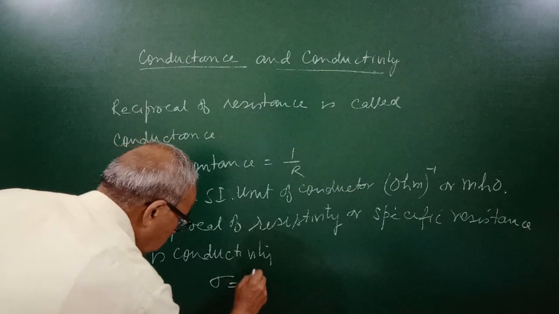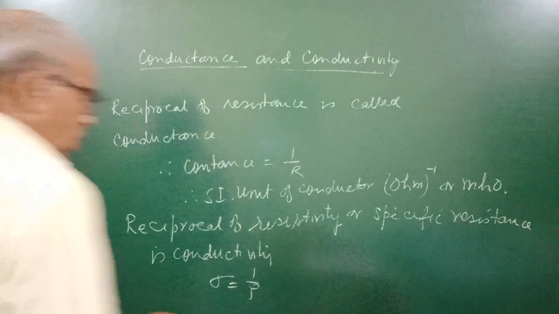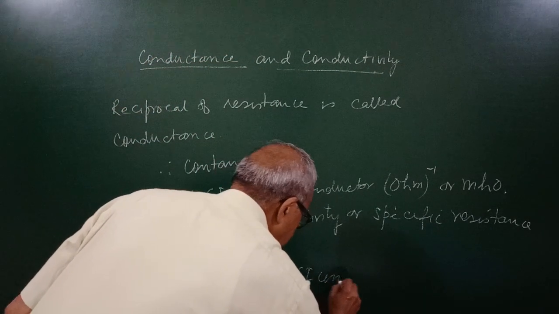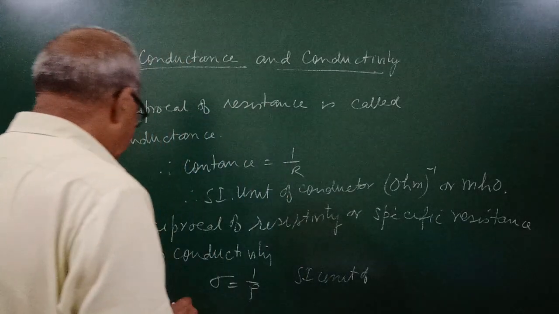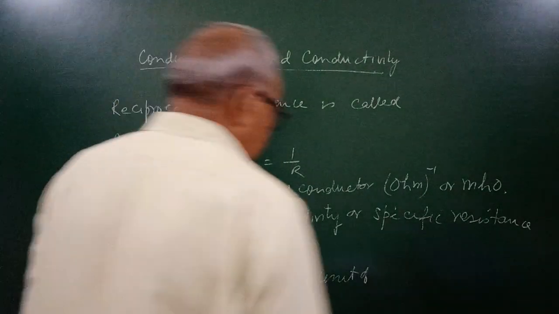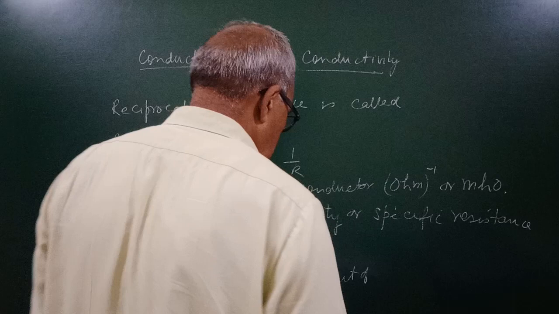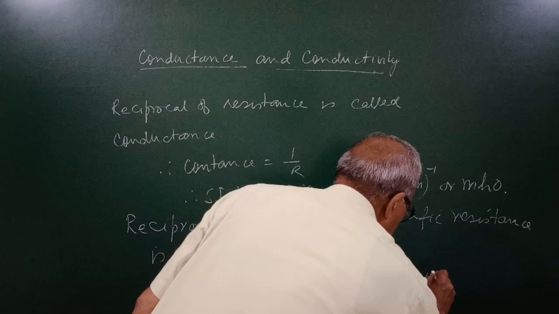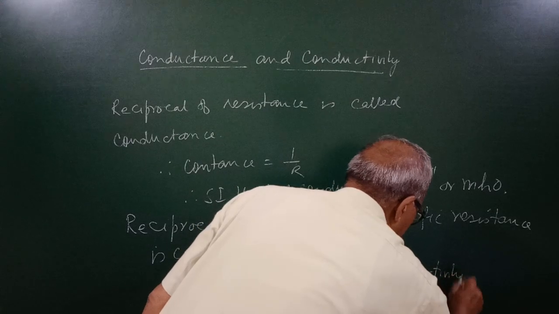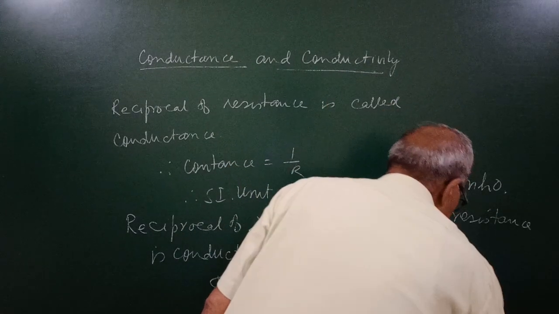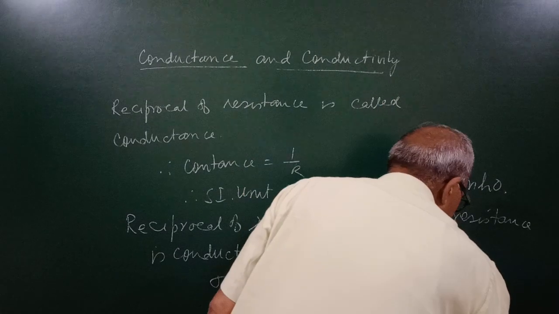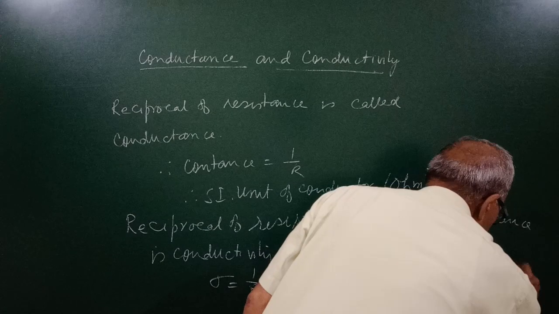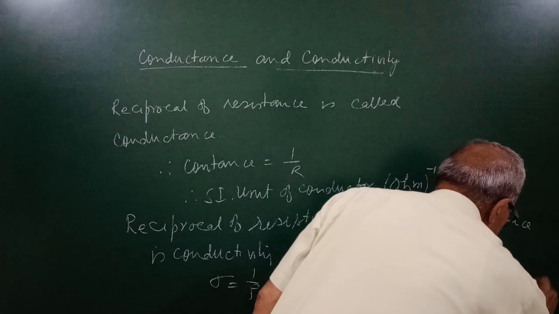We write it as sigma, equal to 1 upon rho, and therefore the SI unit of conductivity is ohm inverse meter inverse.